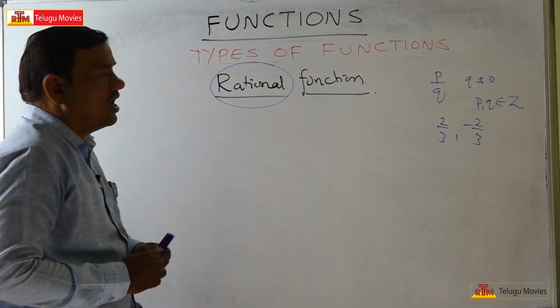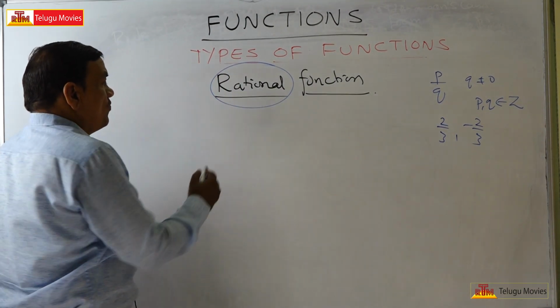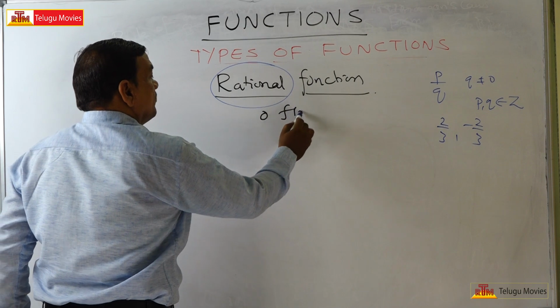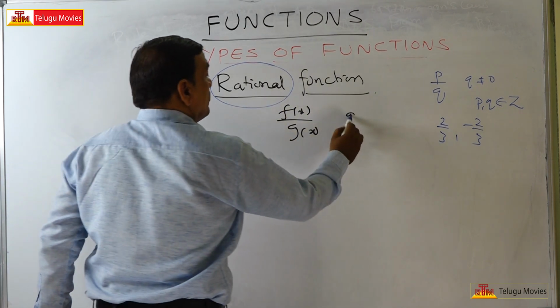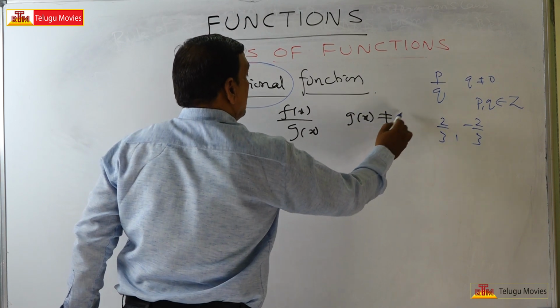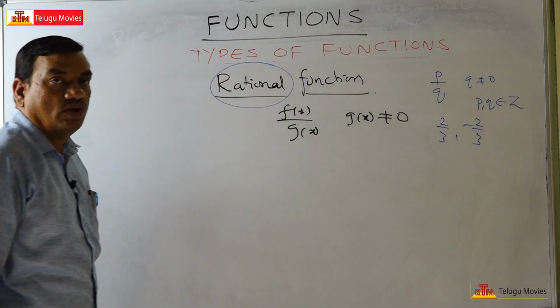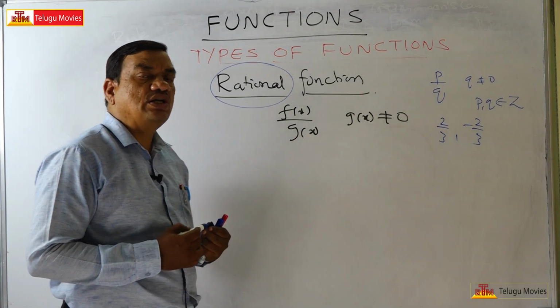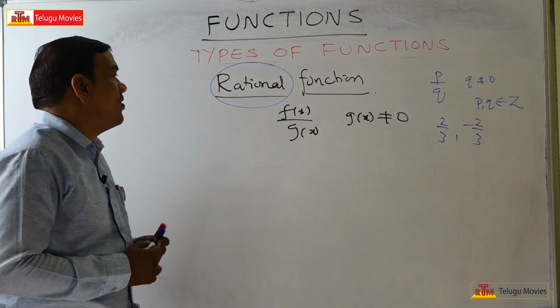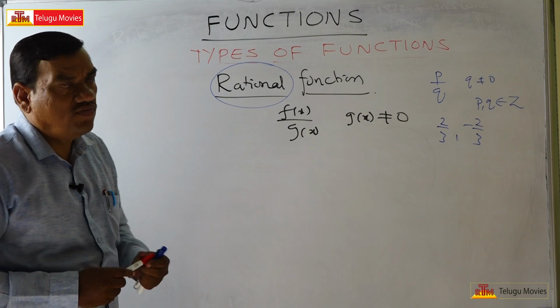Here also, a rational function means a function of the form f of x by g of x, where of course g of x is not equal to 0. F of x upon g of x, the denominator g of x is not equal to 0. That type of function is called a rational function.